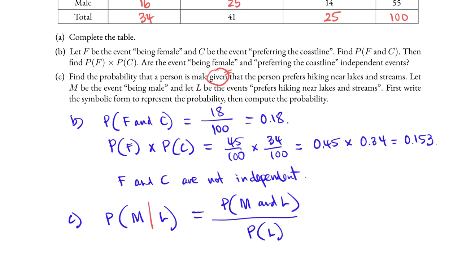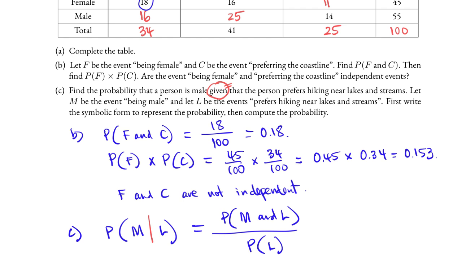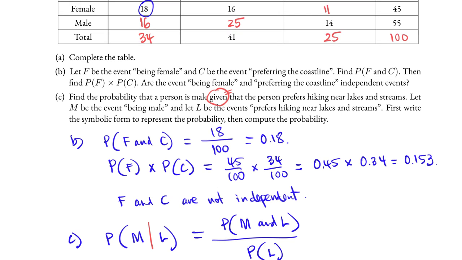We write the probability symbolically, P of M given L, and we also write the formula on how to compute it. The probability of M and L: M and L is the intersection of the M row, which is male, and the L column, near lakes and streams, and that intersection is 25.